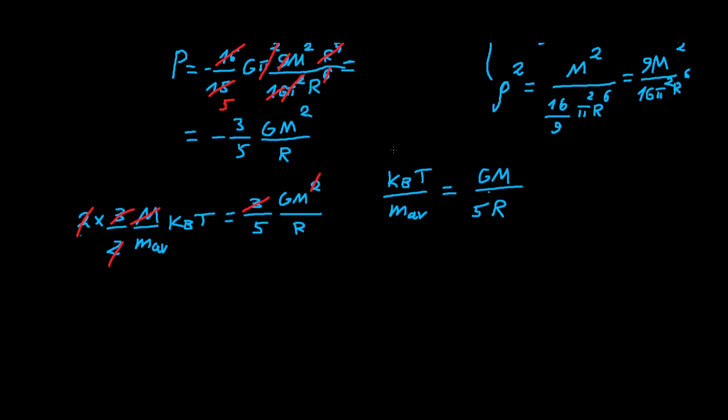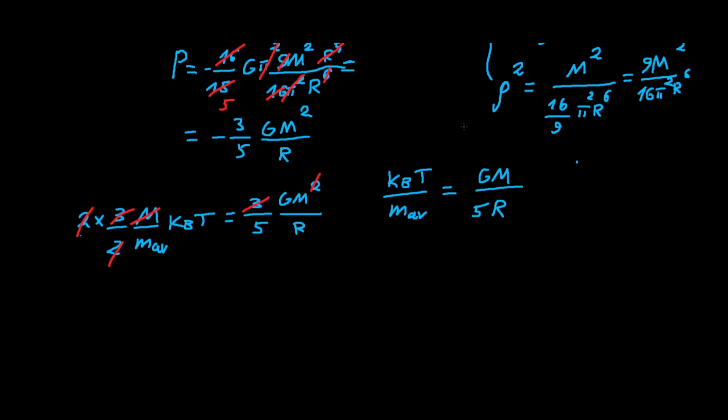Good. So now we want to put both sides to the third power. You will see why in a second. And we want to put this 5 on this side instead to make things a bit simpler. Also, we can go ahead and put the G on this side.